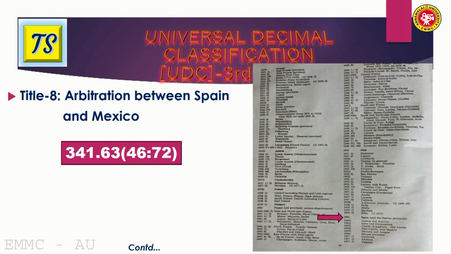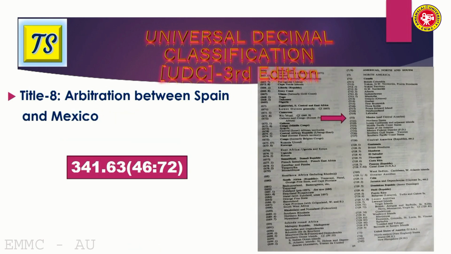Access it and pick up the number. And the last one, Mexico, on page number 19, you can find the number 72. Do not forget to finalize the number when they have a relationship. Both geographical locations should be placed within parentheses where the colon sign must be applied. If they do not have any relationship, replace it with the plus sign.